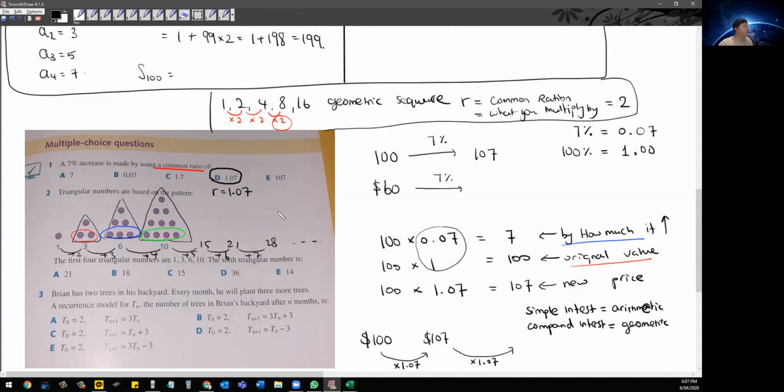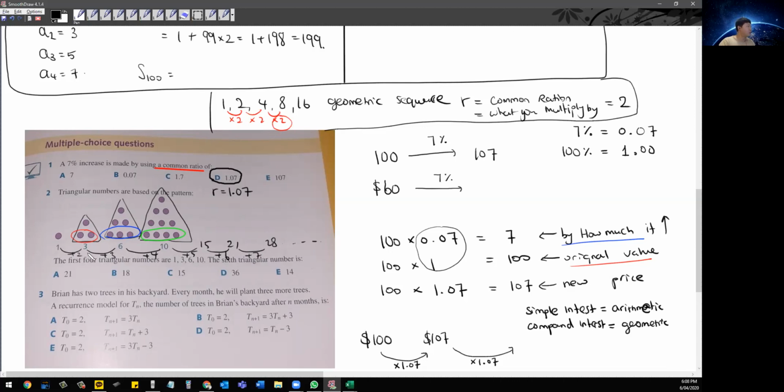Can you tell me whether this is an arithmetic sequence or a geometric sequence? Arithmetic. Well, not quite arithmetic, because if it was arithmetic, then you would be adding a constant number. You're adding 2 and then 3 and then 4, right?